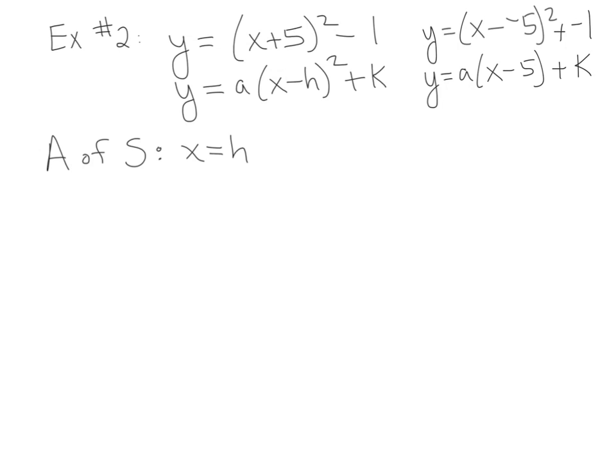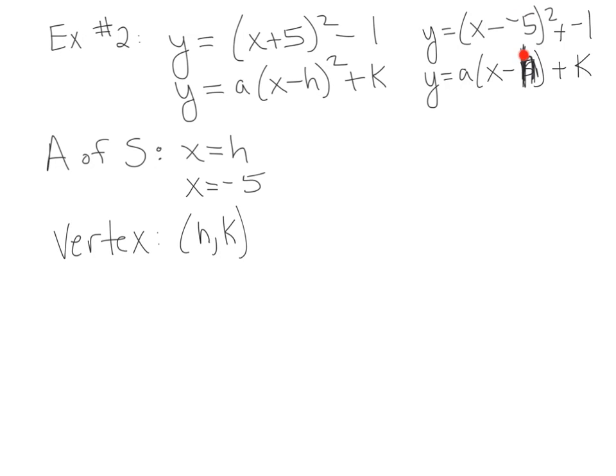This is supposed to be h here. So you have h is negative 5, so x equals negative 5, not regular 5, because those don't match up. The vertex is going to be (h, k).